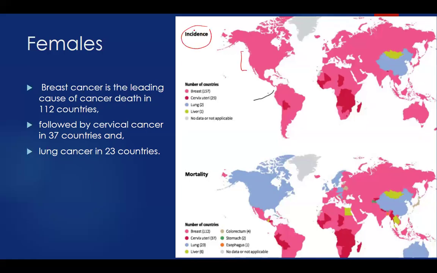This is incidence and this is mortality. So every year there's a huge amount of diagnosis for breast cancer. See the pink one, and the dark one is cervix. I don't know if you can see it, but cervix in South America, Southern Africa.